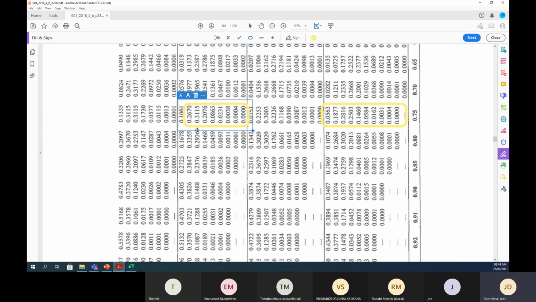Instead of adding all of them together, very simply say 1 minus that, because then I do get all the ones in yellow. And we know the total probability must be equal to 1. So 1 minus that 0.1001 will give me the rest in yellow.